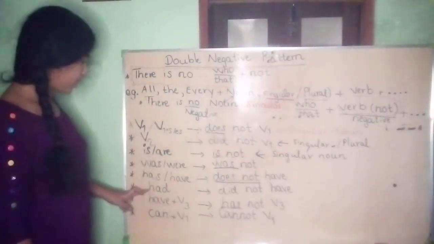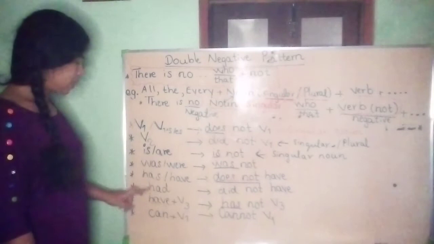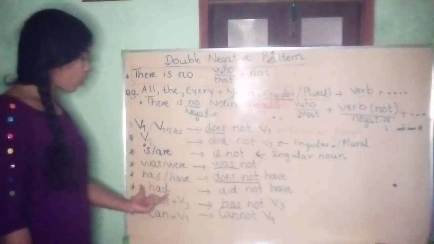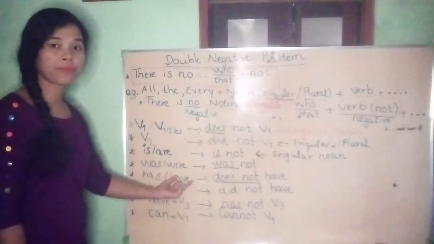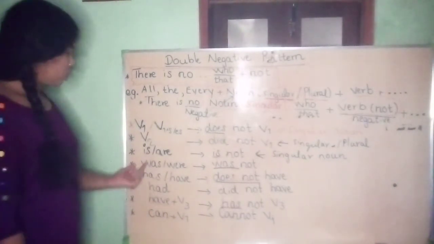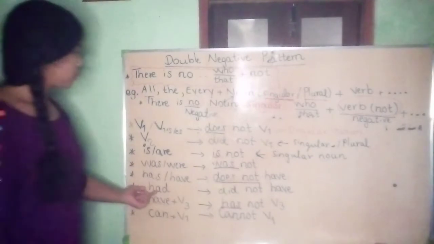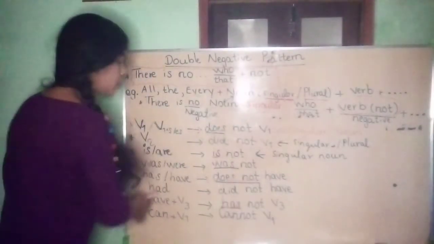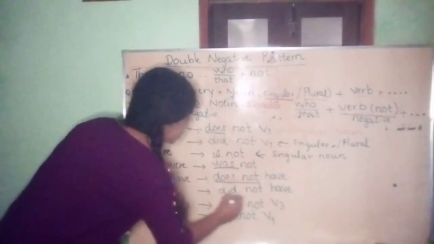And the next one, if you see had, actually had is the past tense form of has or have. So you need to change that into did not have, because this is past tense.